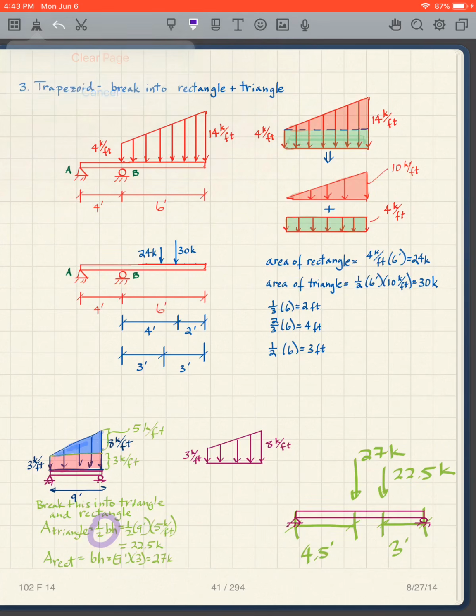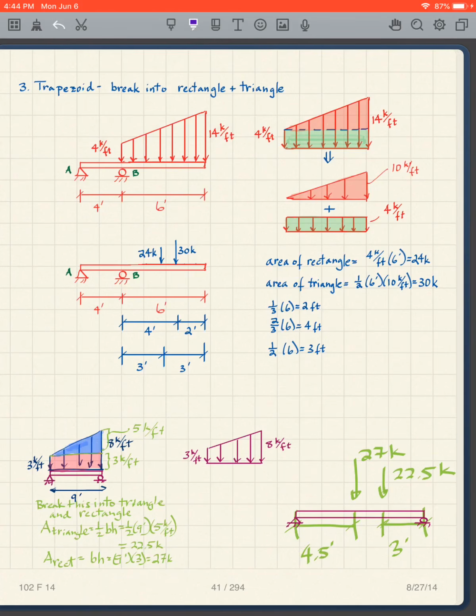So I get 2 different loads: 27 for the rectangle and 22.5 for the triangle. And then when I put them on, we can see that the rectangle is only 4.5 feet from the left end, 27 kips.